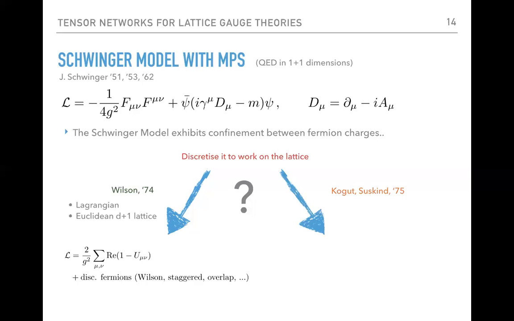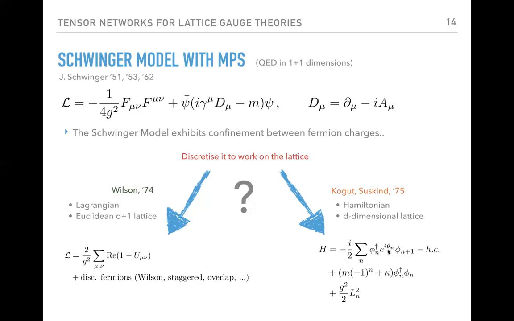One year after Wilson made his seminal contribution, Kogut and Susskind explained how to do this in the Hamiltonian approach. There they had a d-dimensional lattice, and they came up with a Hamiltonian which was describing the same kind of theories. The formulation is a little bit different, but you can trust me when I say that it's the same theory, just a different way of parametrizing or expressing it.